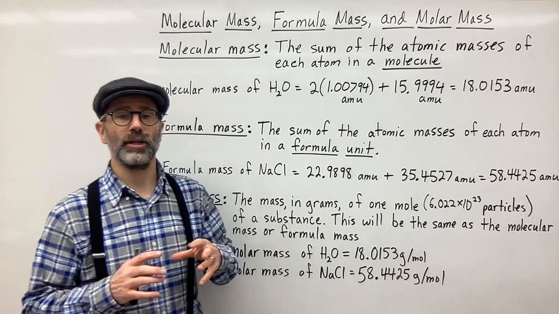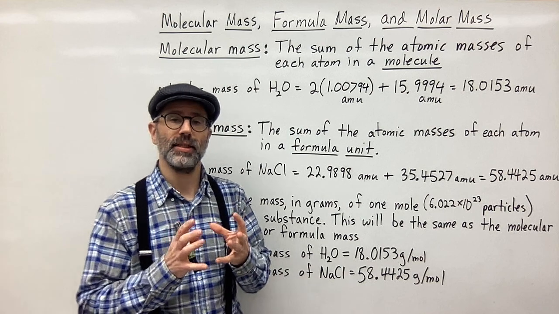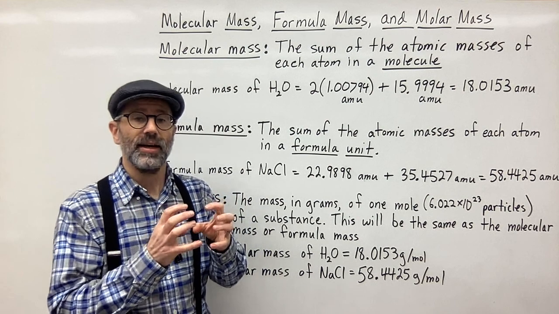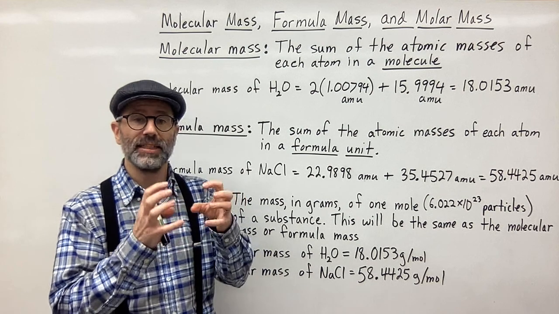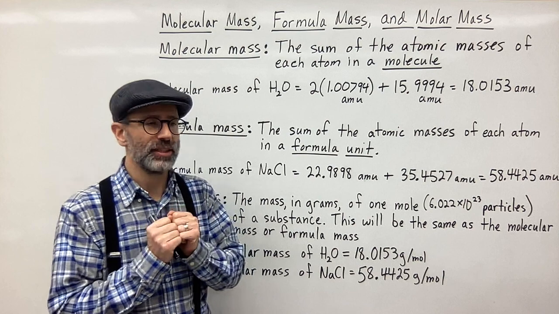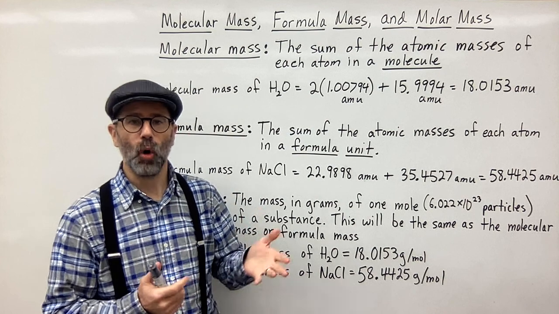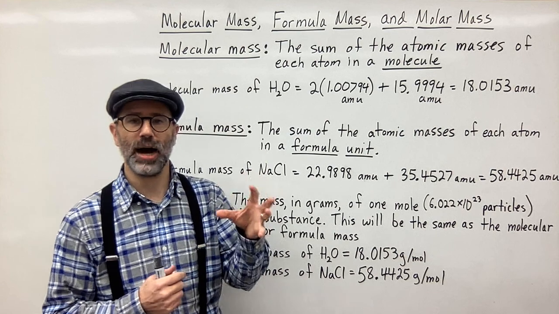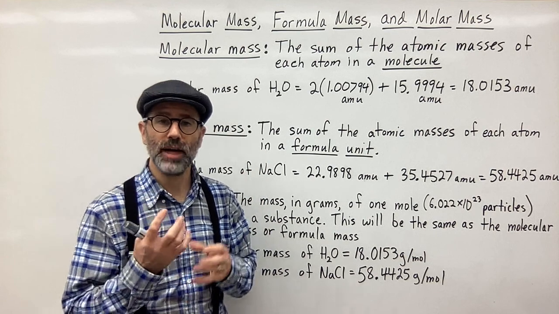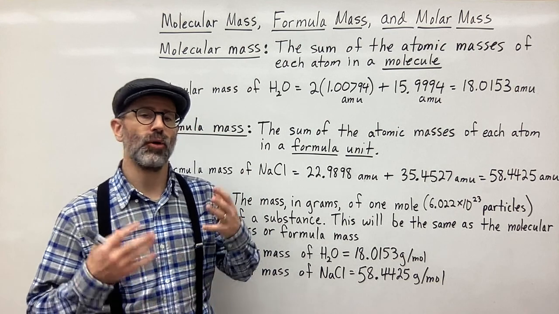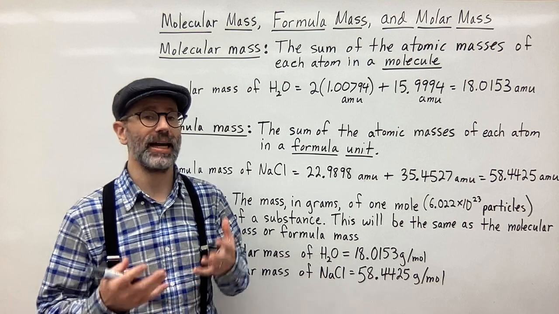A molecule is basically a unit of something that you can have a distinct formula for. For example, water is H2O. It has two hydrogen atoms bonded to an oxygen atom. You don't get that with ionic compounds.